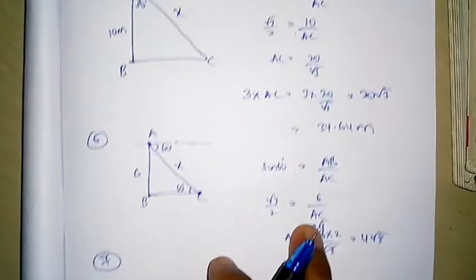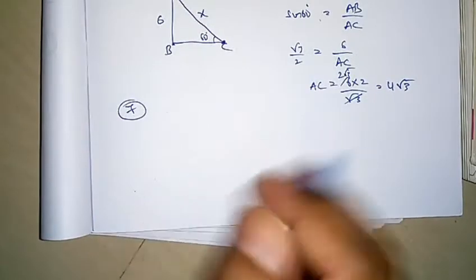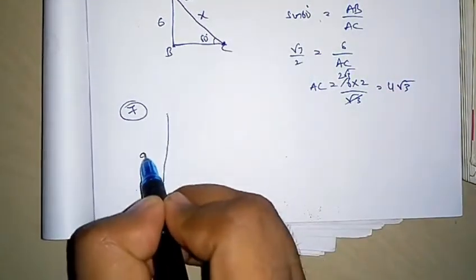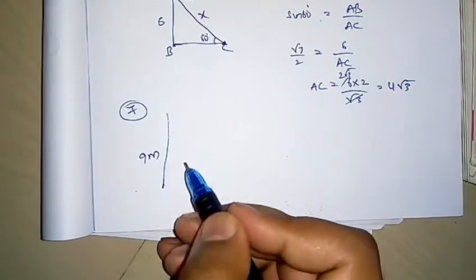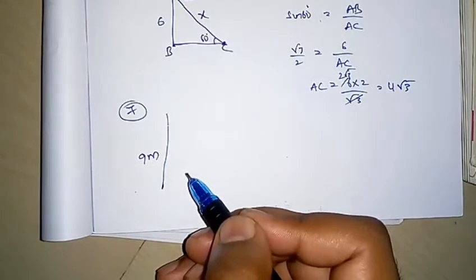The seventh question. An electrician wants to repair an electric connection of a pole of height 9 meters. The height is 9 meters. He needs to reach 1.8 meters below the top of the pole to do the repair work.